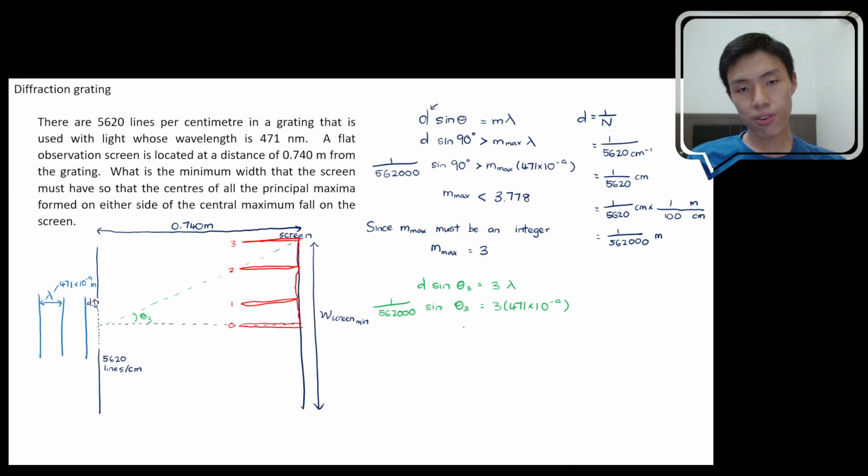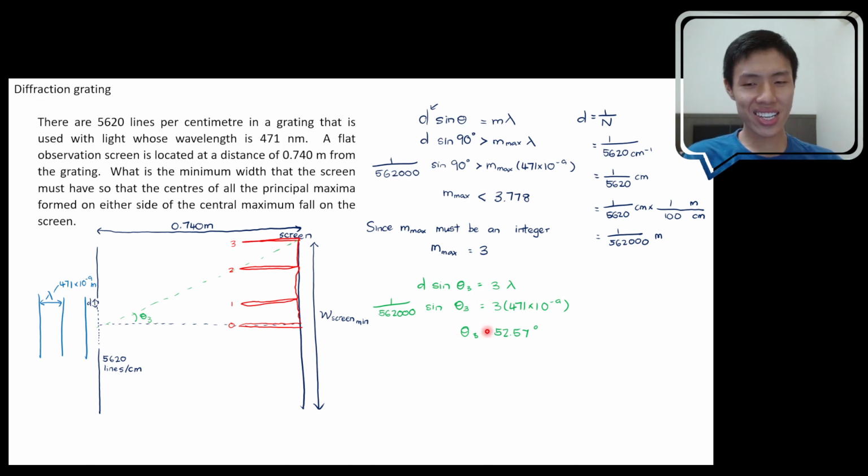From here you can find theta 3 has an angle of 52.57. So this is theta 3, the angle that you can go from the central maxima to the third order bright maxima on the upper side or the lower side.